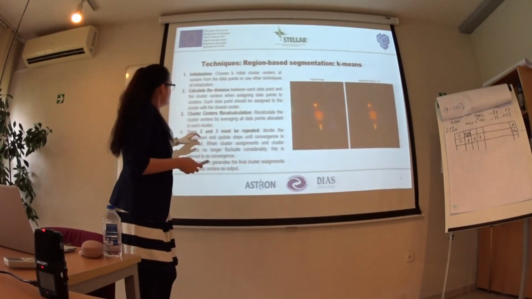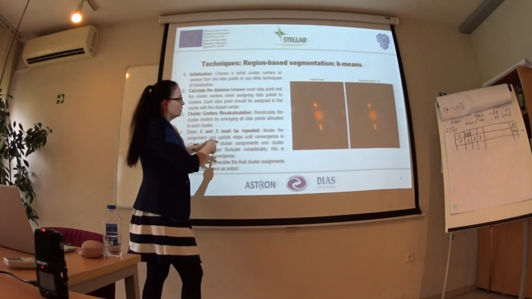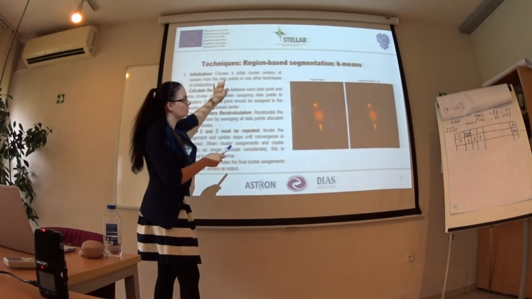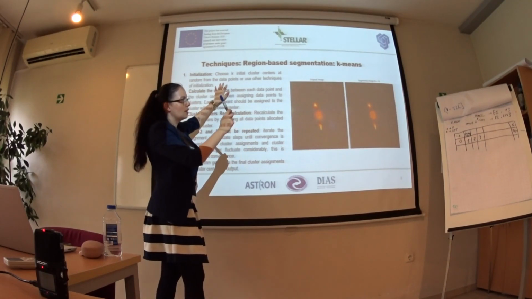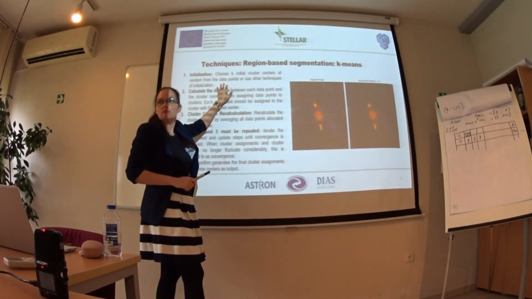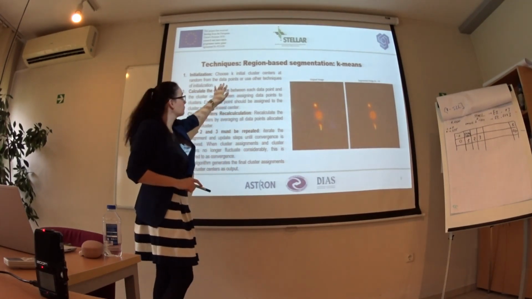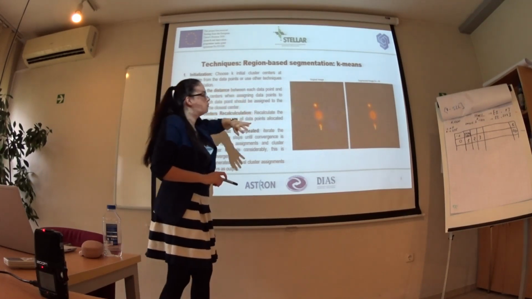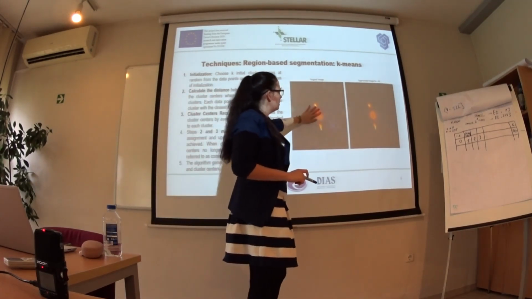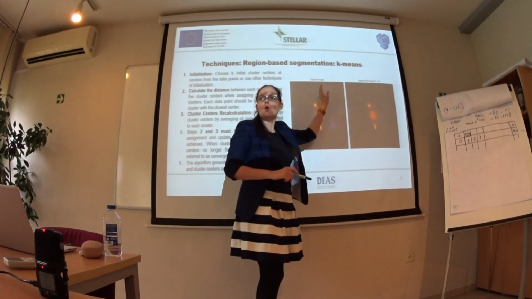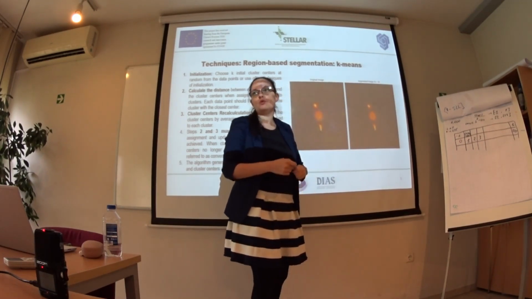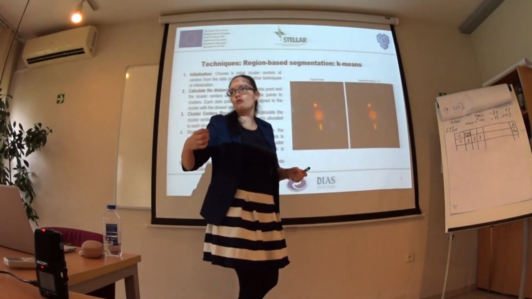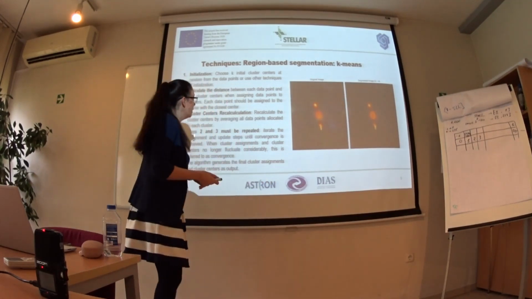So the first thing you give to the algorithm: I need 8 classes. And at the beginning, you don't know where the object is, so you will throw the centers somewhere over the image, okay?